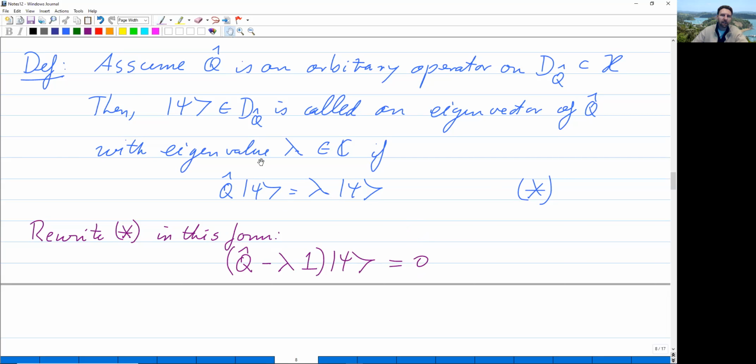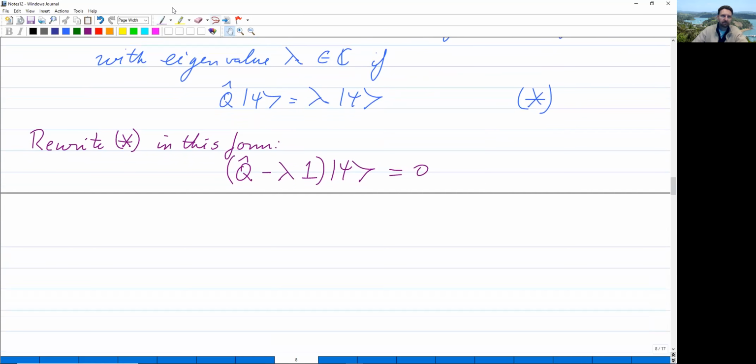And now we can rewrite this. We can rewrite this as: the operator Q hat minus lambda times the identity is an operator that is not invertible.